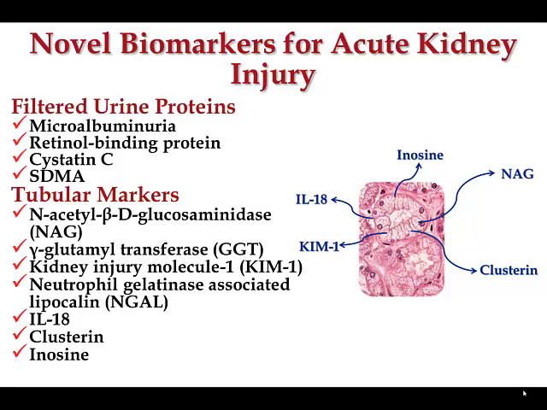Probably maybe even more exciting would be tubular-specific biomarkers, some molecules that are actually generated by the tubular epithelium, so that when that tubular epithelium gets irritated, angry, or injured, they become exposed to reflect that injury. And there are a variety of these that have been evaluated and continue to be evaluated to help predict this process.